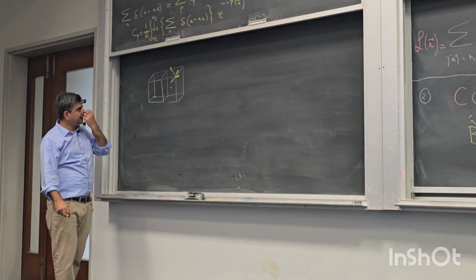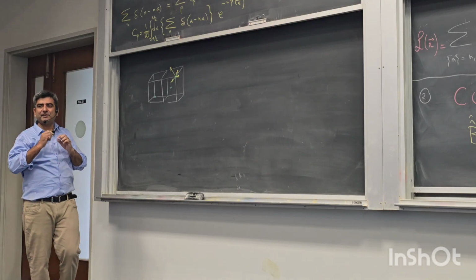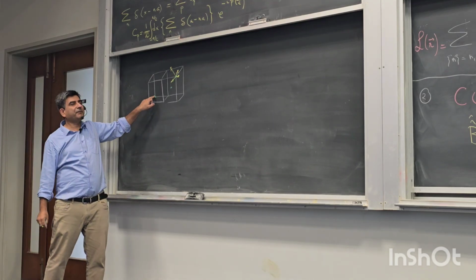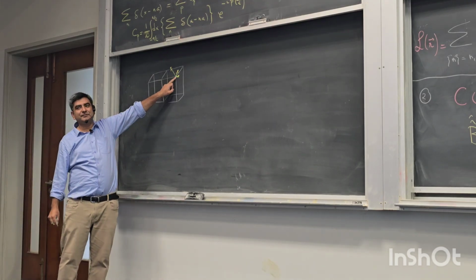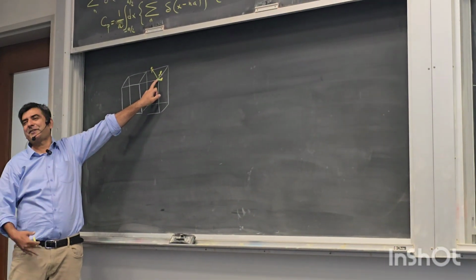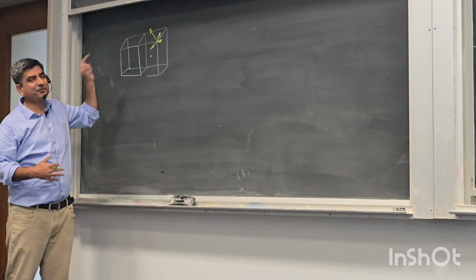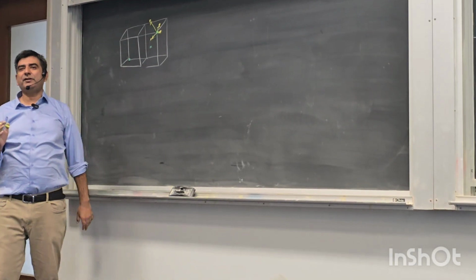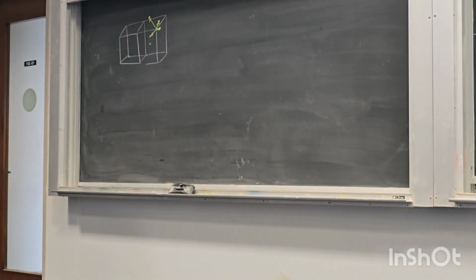And it needs 2 kinds of indices. One, how far away am I from the origin? Where is this lattice point? In which unit cell? How many translation vectors do I need to move from here to here, from here to here? And when I reach that lattice point, where is the basis?